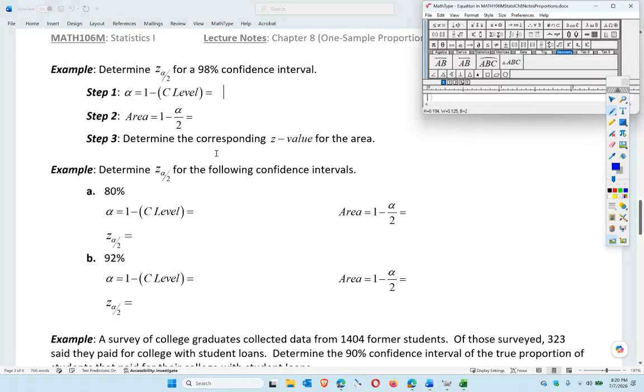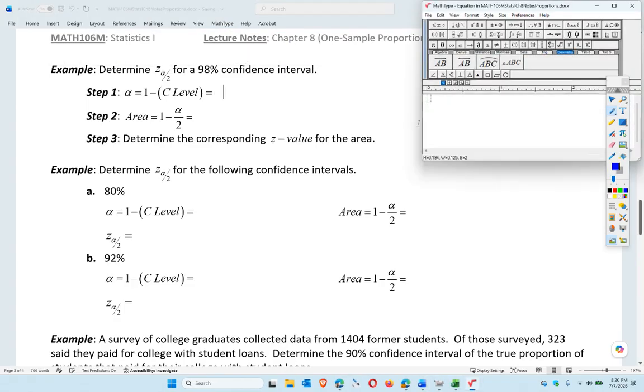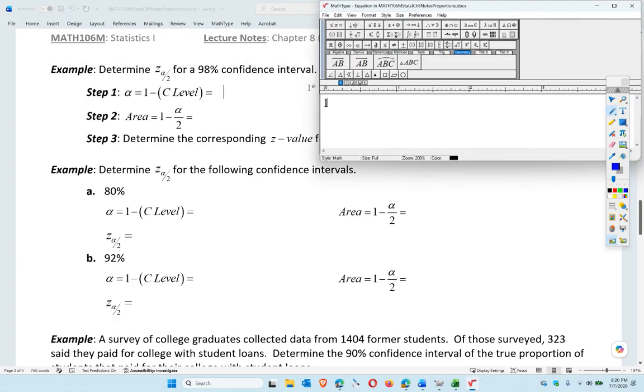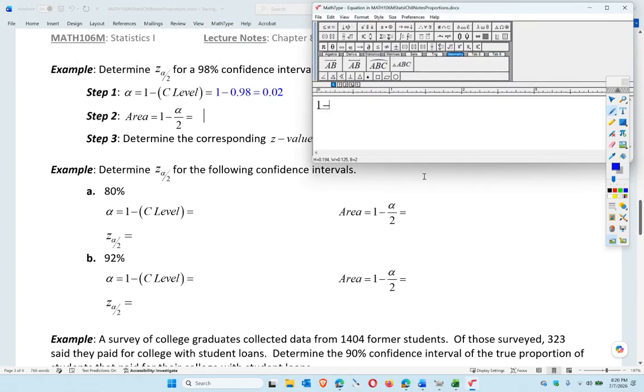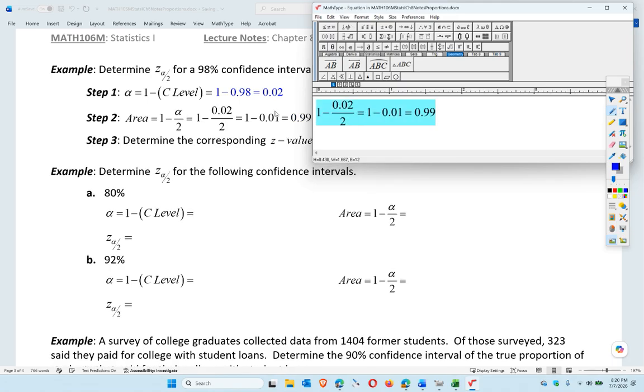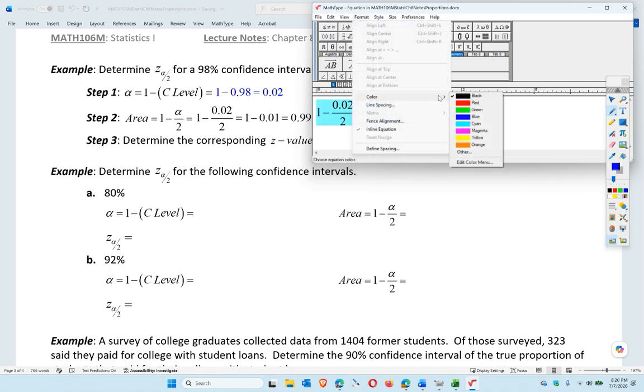Well, that's going to be 1 minus 0.98, which is 0.02. So the area that I need to cover is 1 minus 0.02 over 2, or 1 minus 0.01, which is 0.99.